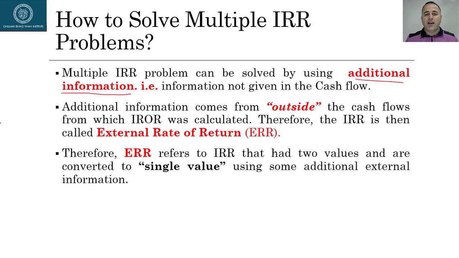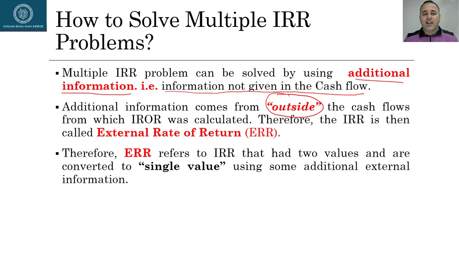Whenever we have multiple IRRs, we need additional information. The reason I call it additional information is because that information is not given in the cash flow. These are what they call outside information.